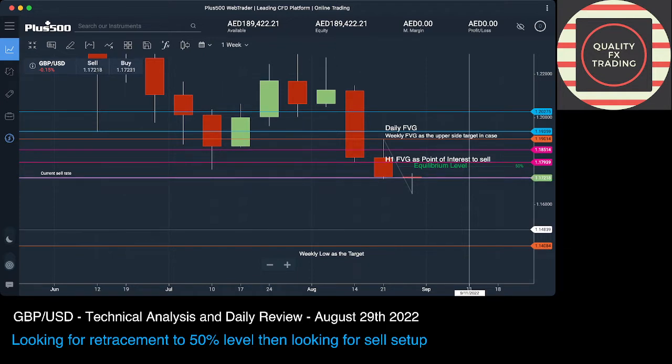We are here to have a technical analysis and daily review for pound dollar on Monday 29th August. I hope you already watched our weekly forecast.